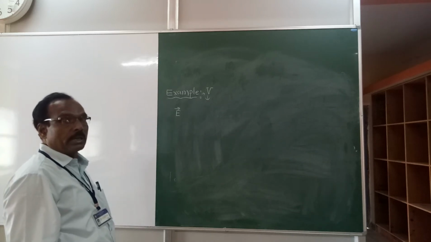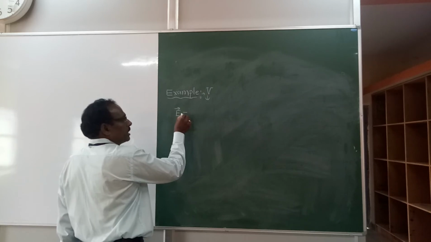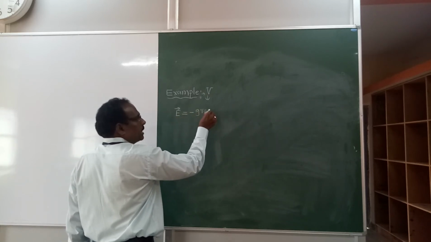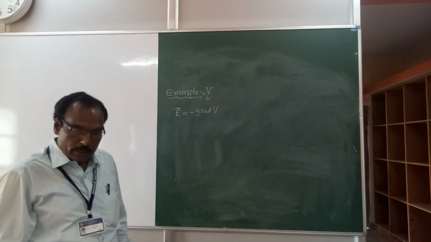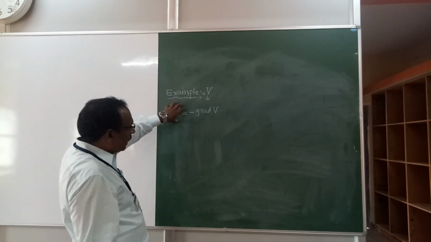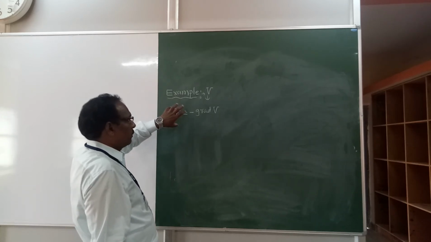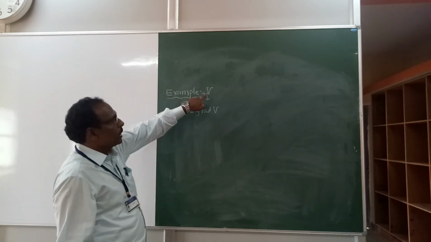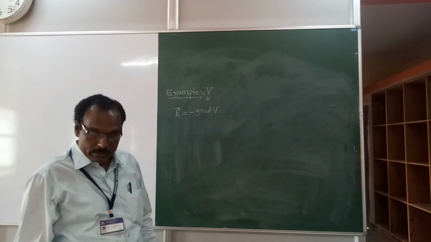Greatest rate of decrease of the potential V, that is E is equal to minus gradient of V, and its direction is, say, normal to the electrical potential surface drawn in the electric field.